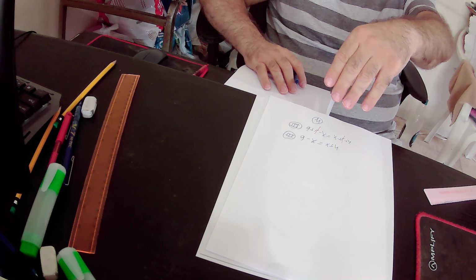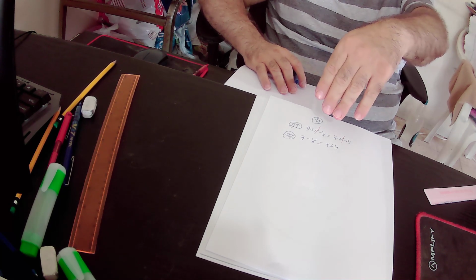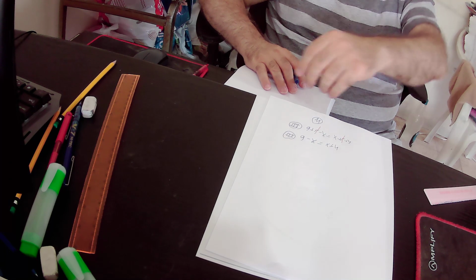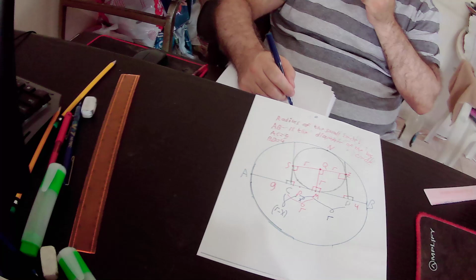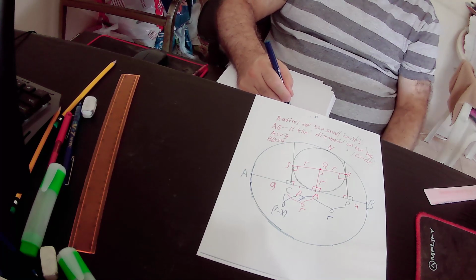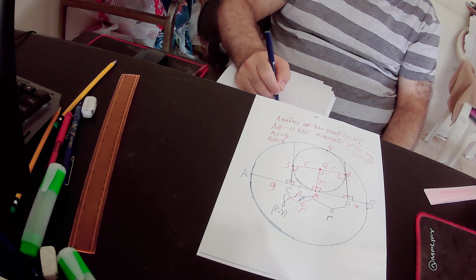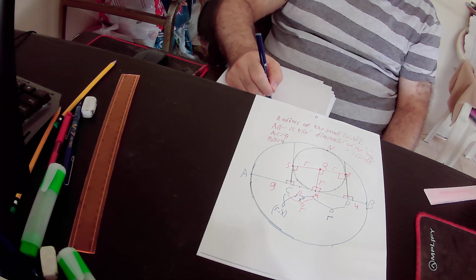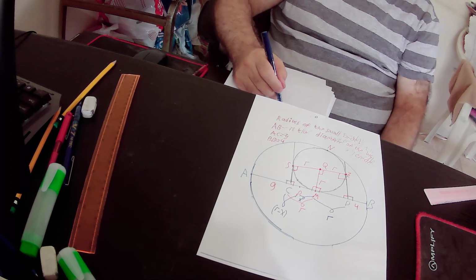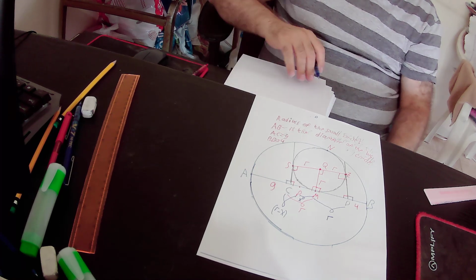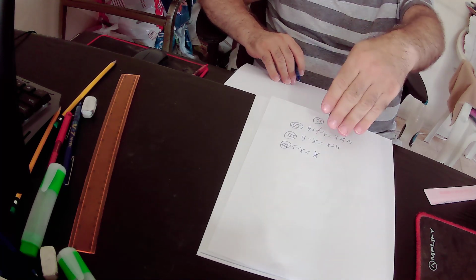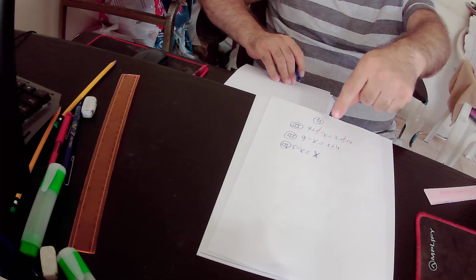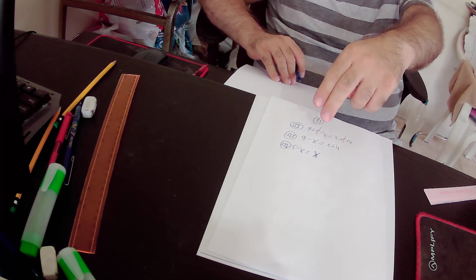Here we will subtract 4 from this equality, and we will get that 5 minus x equals x. So after we subtracted 4 from equation number 3, we got that 5 minus x equals x.